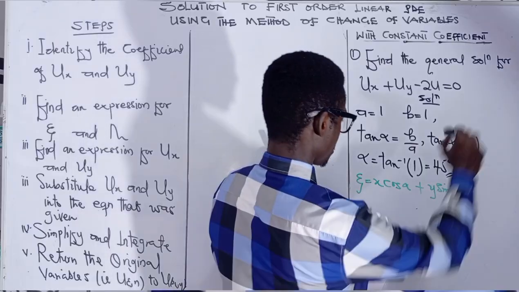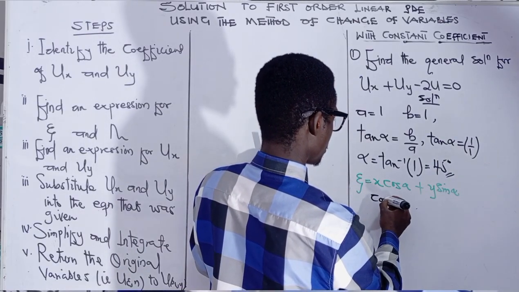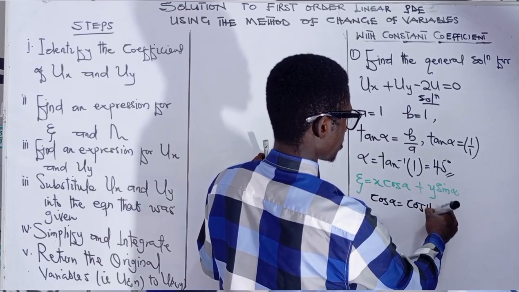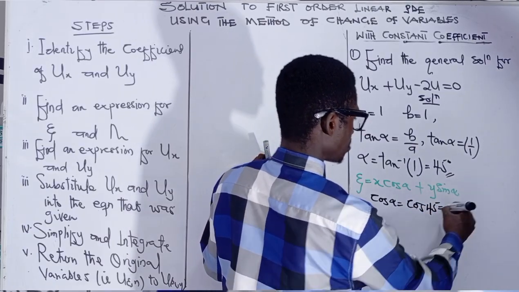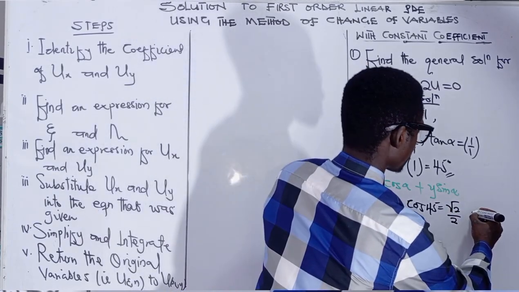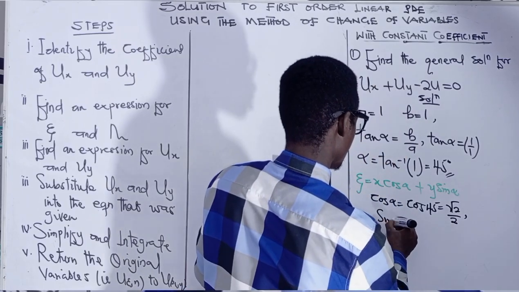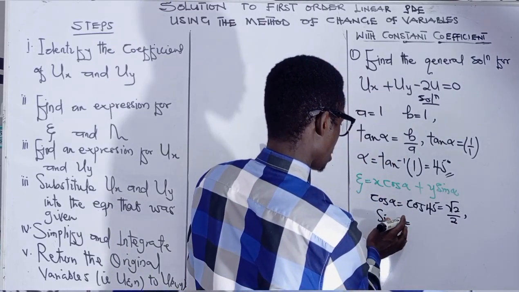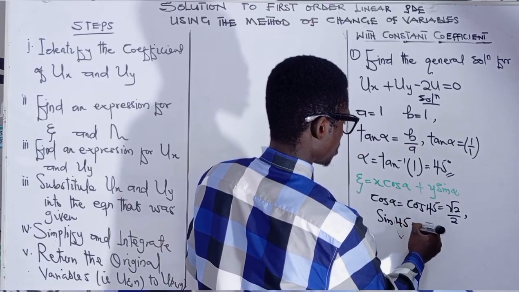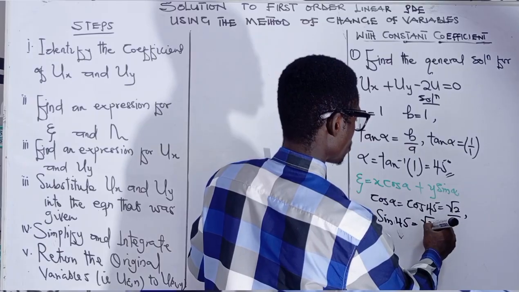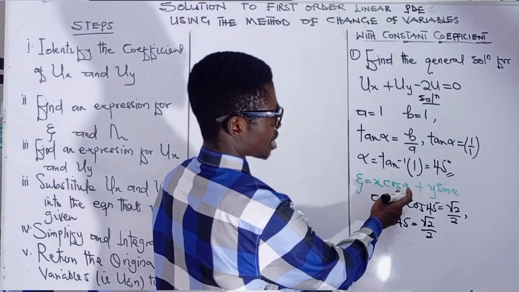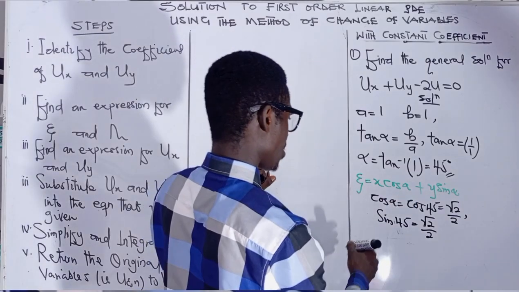So from here you can say that cos alpha is equal to cos 45. And when you punch cos 45 on your calculator, you are going to get root 2 all over 2. And then when you punch sin 45 on your calculator, you are also going to get root 2 all over 2. Now once you know this, you are just going to plug this in place of cos alpha and then sin alpha.